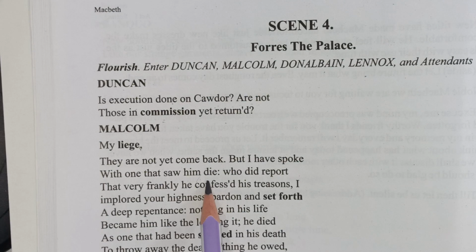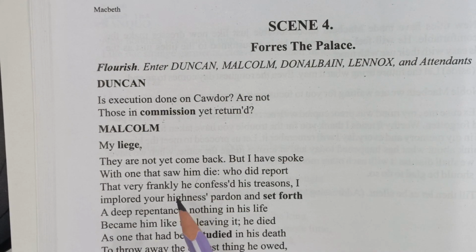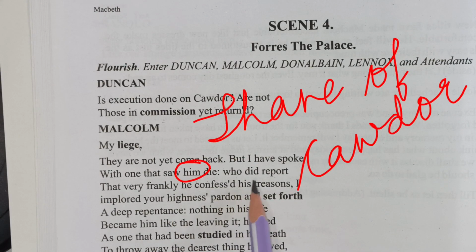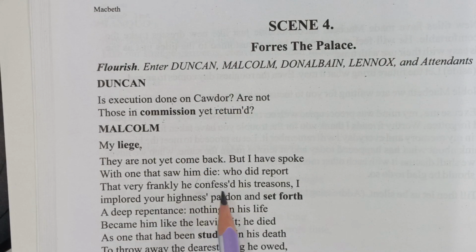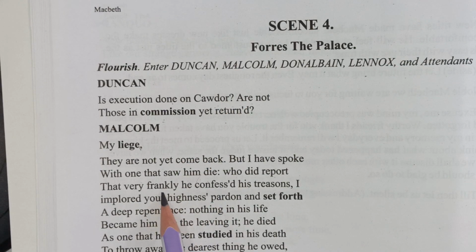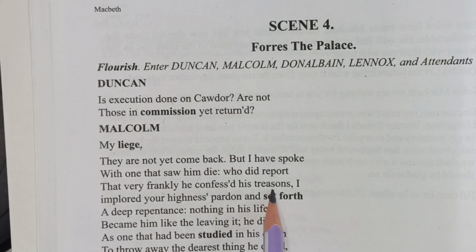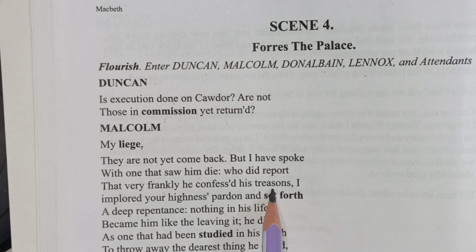Malcolm informs King Duncan that he has met someone who saw the Thane of Cawdor being executed. Who did report that very frankly he confessed his treasons. Frankly, openly, without any attempt at disguise, he confessed his several acts of treason.